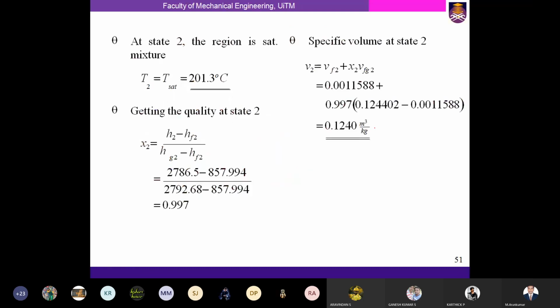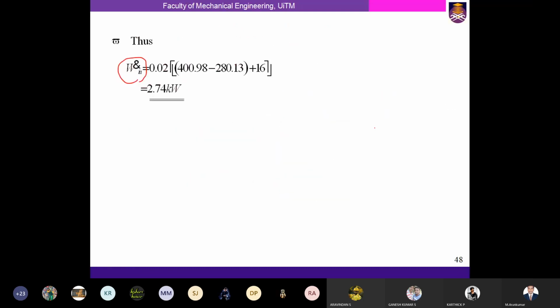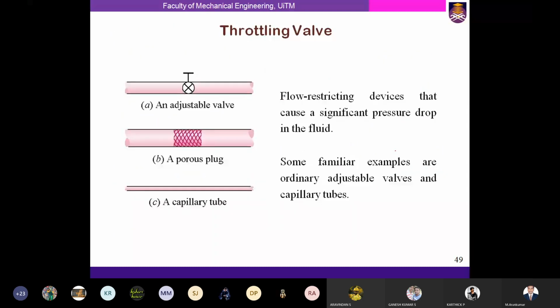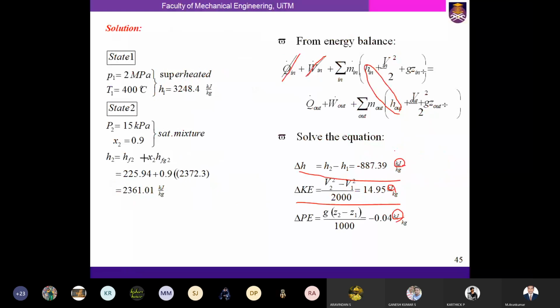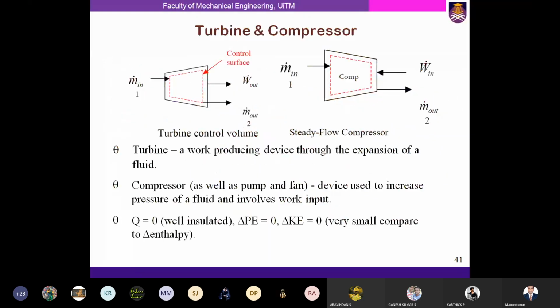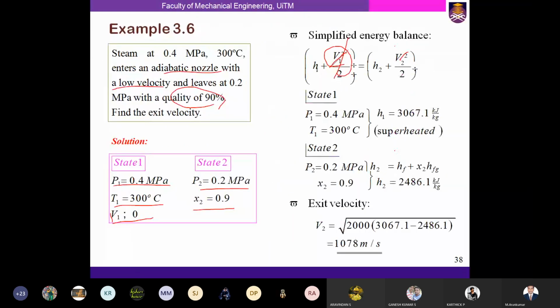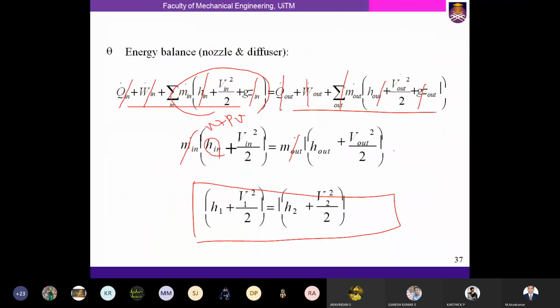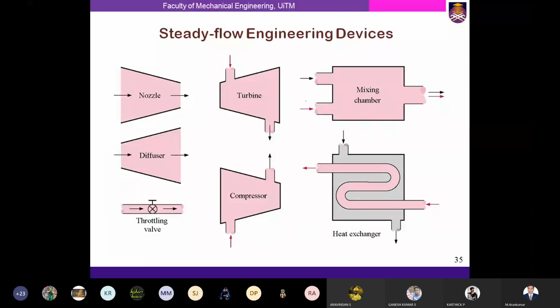So what is a mixing chamber? We can have a schematic representation of the mixing chamber. Yes, this is the mixing chamber.